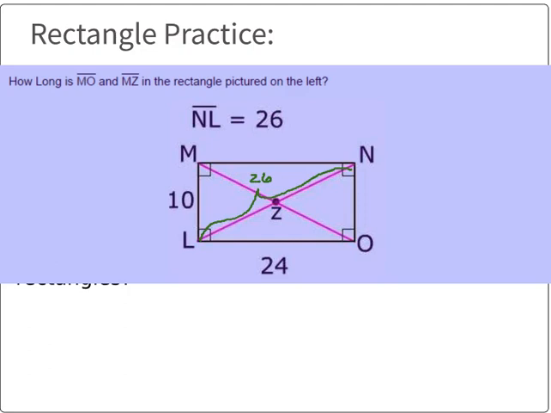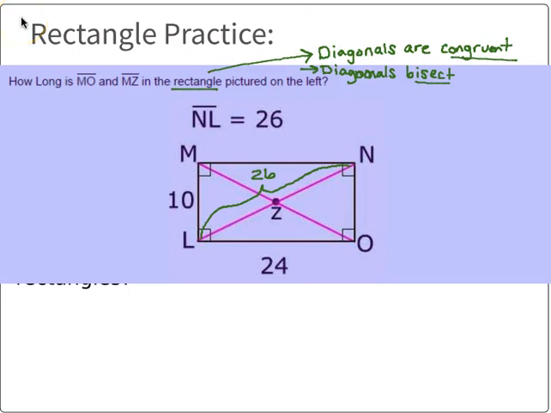In a rectangle, we know that all diagonals are congruent, and we know that the diagonals of rectangles bisect one another. They are going to intersect and cut each other into two equal parts.